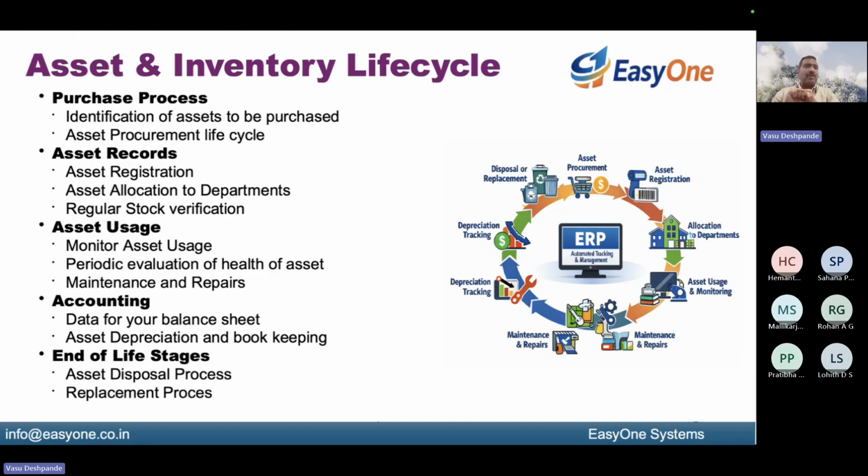These two things are very important to make sure that the asset becomes a real asset, not a liability. Because if you have a big asset and it's not working, it is a liability. It is not an asset anymore, it's consuming space. So regular stock verification and periodic inspection will help you make sure the asset is a real asset.